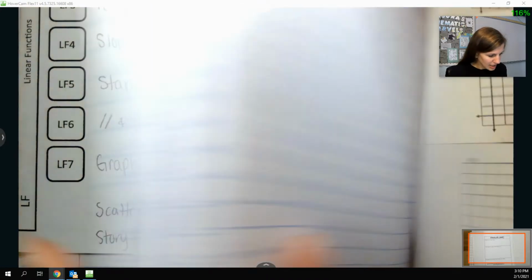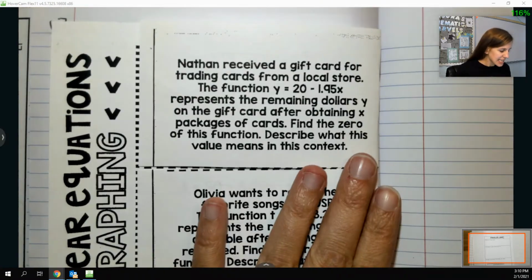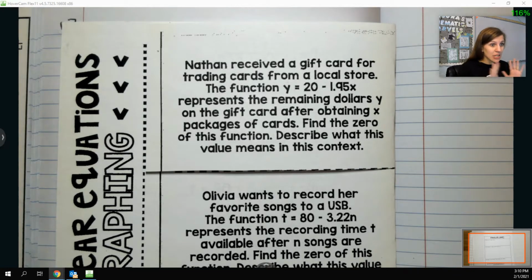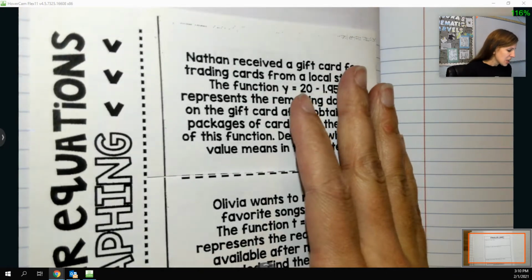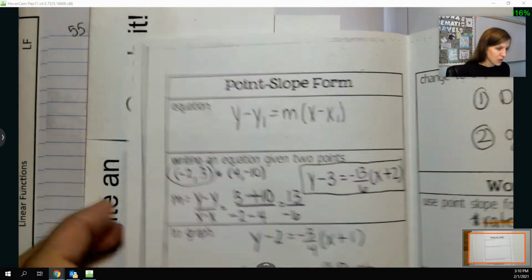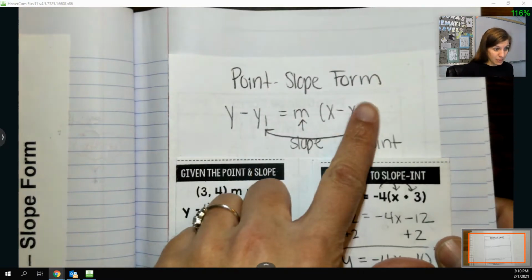So if we take a look there, page 67 looks like this. Now, when I went through and did each form with you guys, we talked about all the different ways that we might write a story problem. So the very first form of a line that we talked about was point slope form.